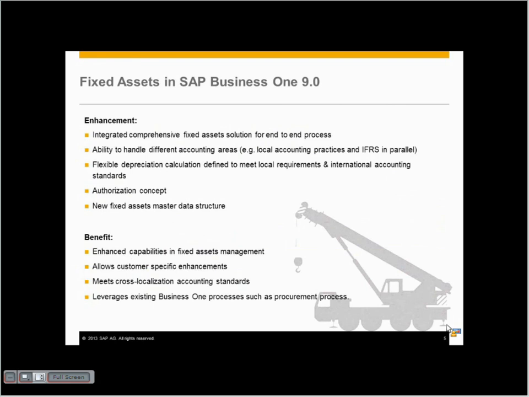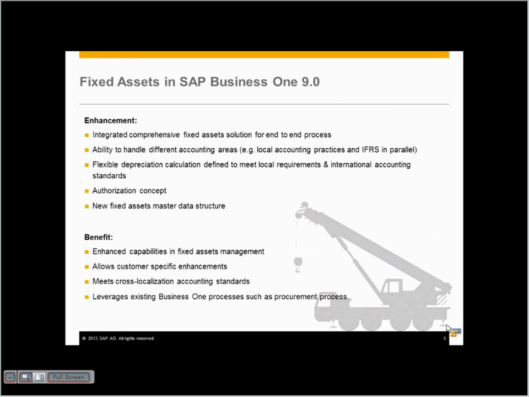There's an authorization concept and a new fixed asset master data structure. The benefit is enhanced capabilities in fixed asset management, customer-specific enhancements, meeting cross-localization accounting standards, and leveraging existing Business One processes such as the procurement process.